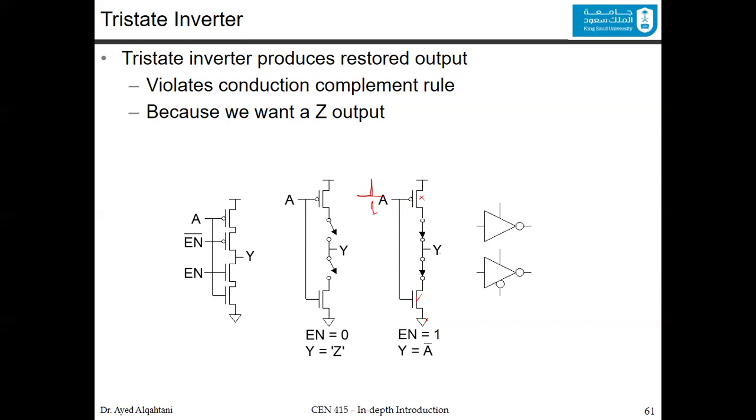Because of the glitch, there will be some increased discharging because you have this spike in the high, but at the end of the day, it's connected to the ground and the value would be 0 all the time. It's going to be leveled and there is no spike in the high or in the low. And this is why it is a restoring tri-state inverter.